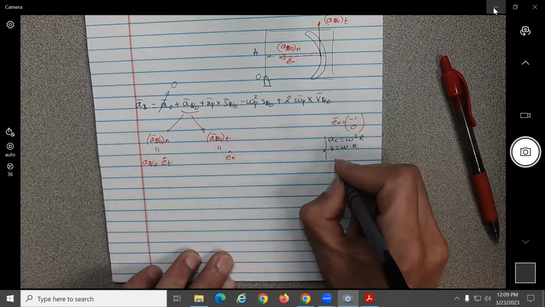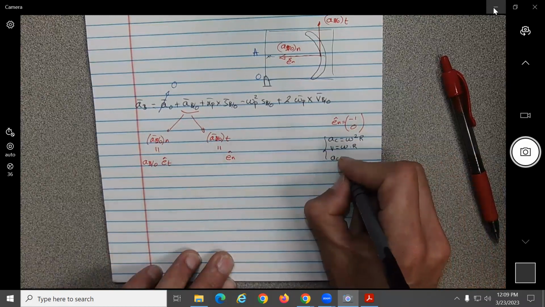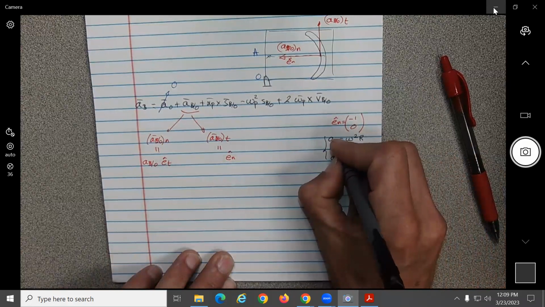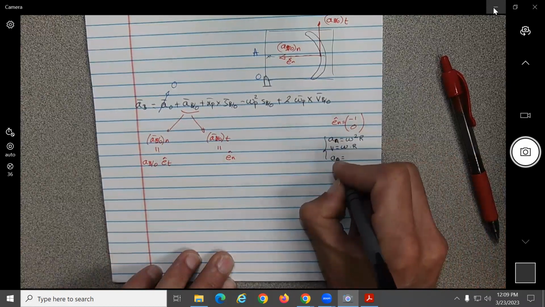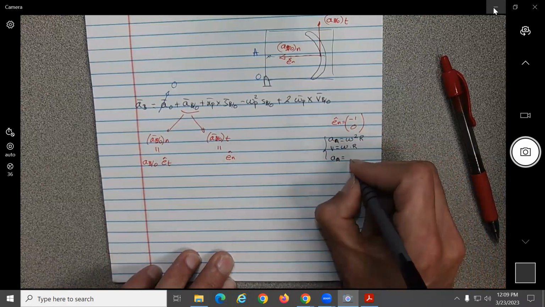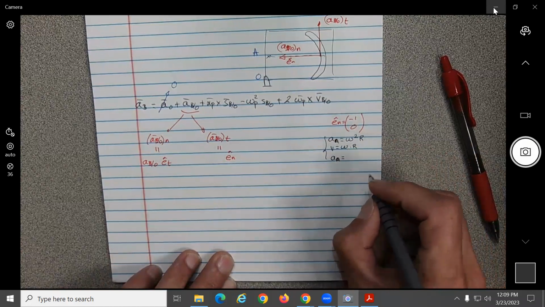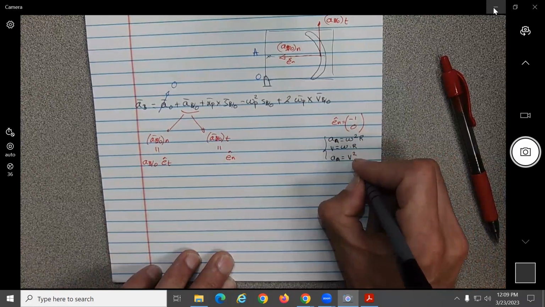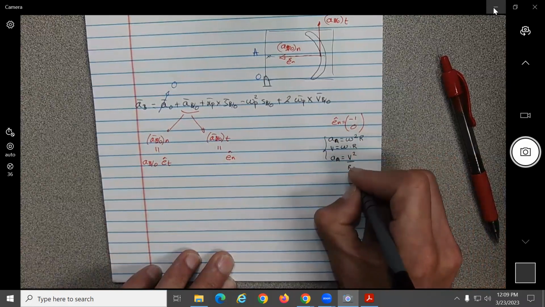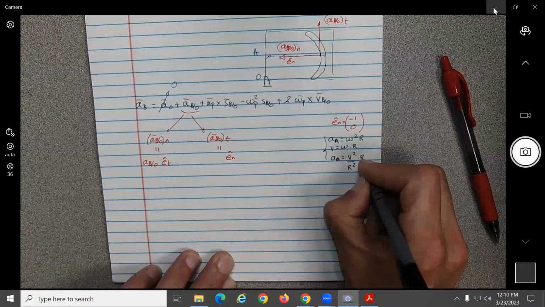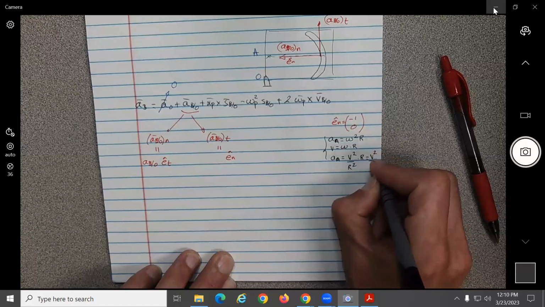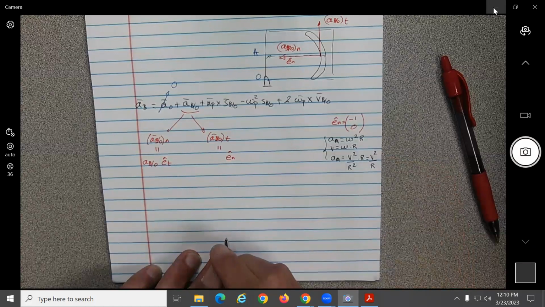So combining, let's say centripetal or normal will be equal to, here omega should be V over R, no? So it will give us V squared divided by R squared times R, which is V squared over R.